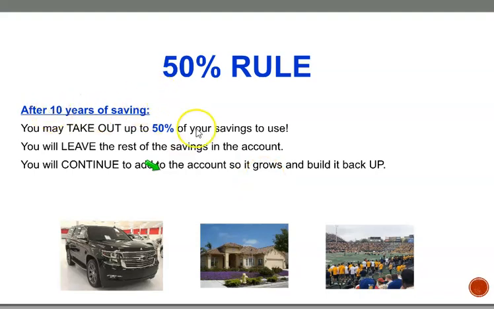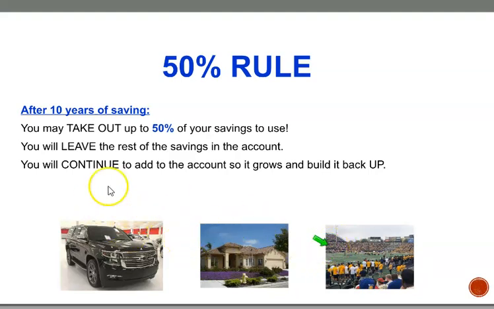Now, why would you want to take out up to 50% of the money that you have saved in your account? Well, maybe you need a new car, and taking that money out will pay for the car, or half the car, or a good portion of the car. Maybe you need to fix up your house. Maybe you want to put in a swimming pool. Maybe you need a new roof. Maybe you want to go back to college or help somebody go to college.